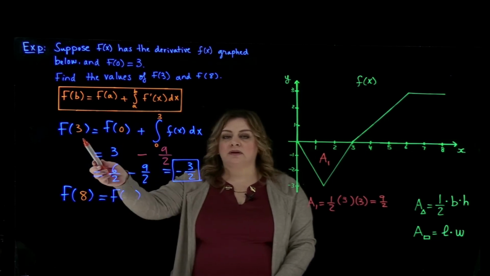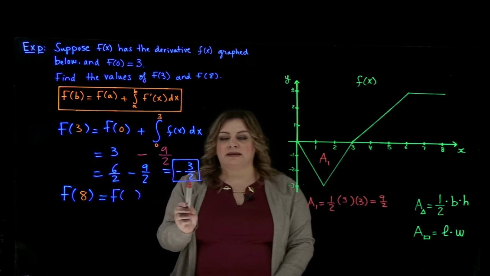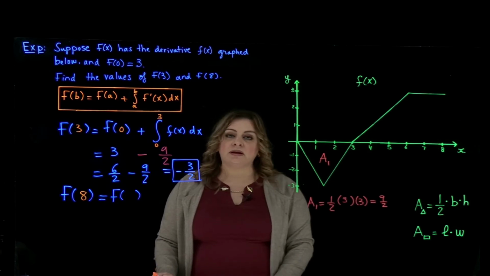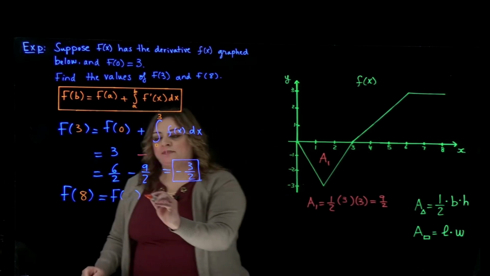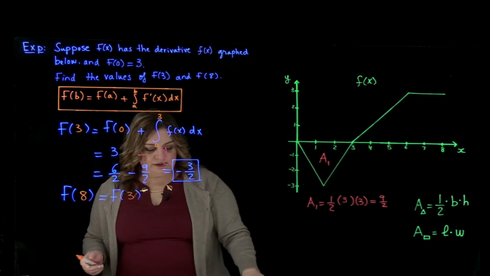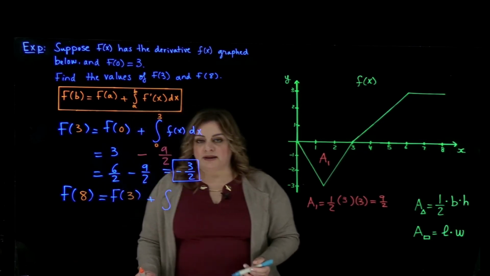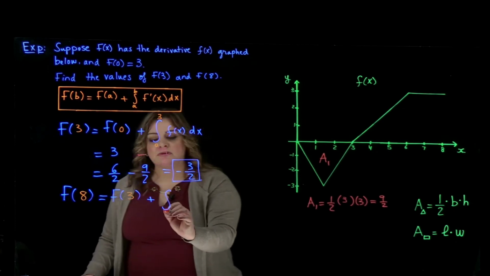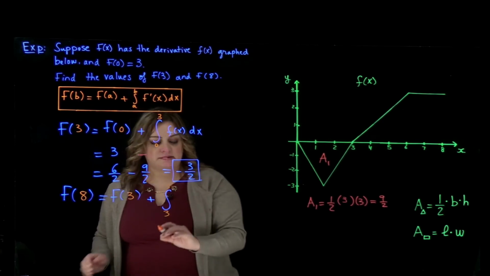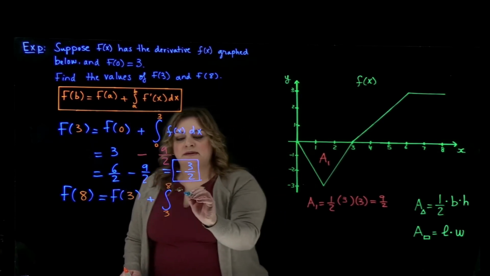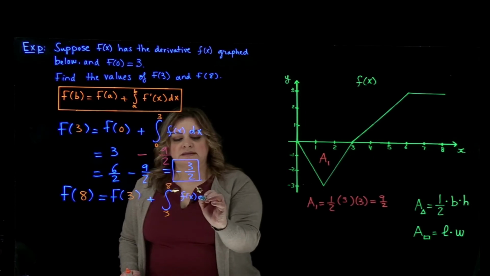We just found the value of big F of 3 to be negative 3/2. I want to let A equal 3. So big F of 3 plus the integral from A to B, A equals 3, B equals 8, of the derivative function little f of x dx.